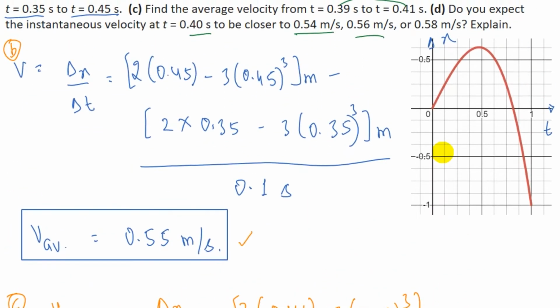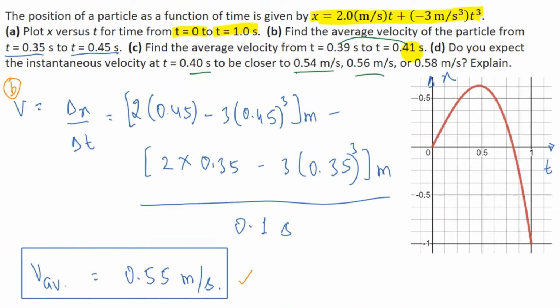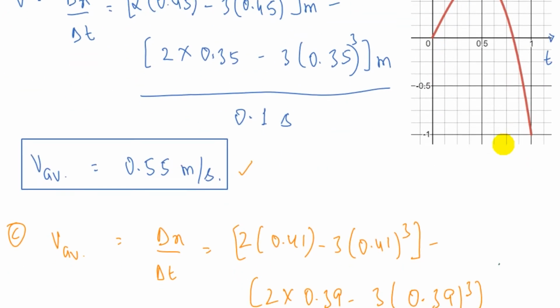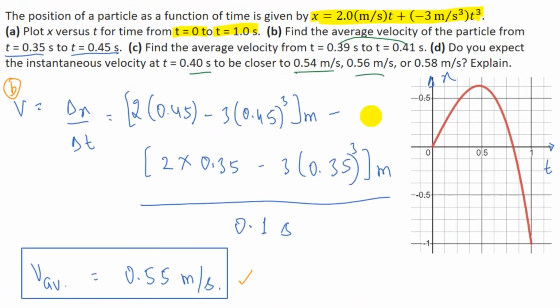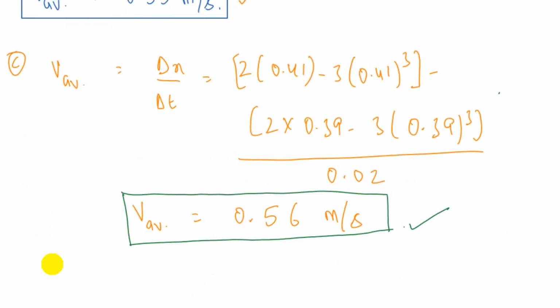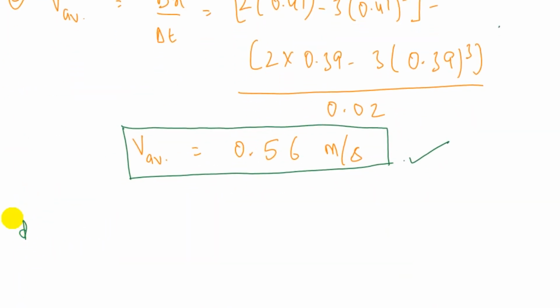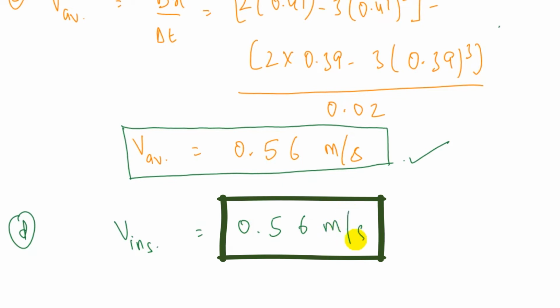So at time t equals 0.40, which is just in the middle of this time interval, the velocity should be closer to 0.56 meter per second. So this should be the correct answer. So for part D, the instantaneous velocity should be near 0.56 meter per second.